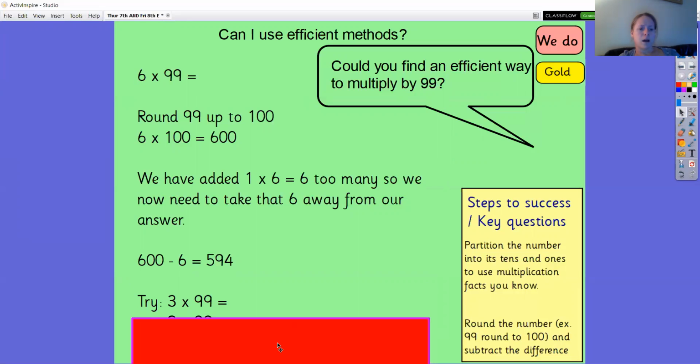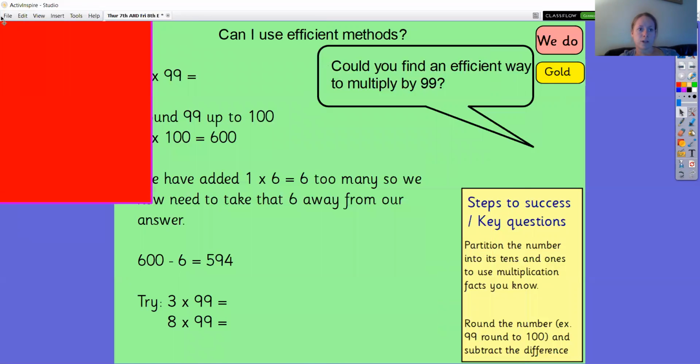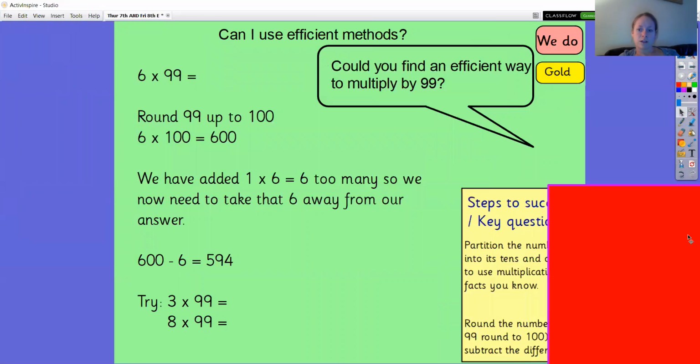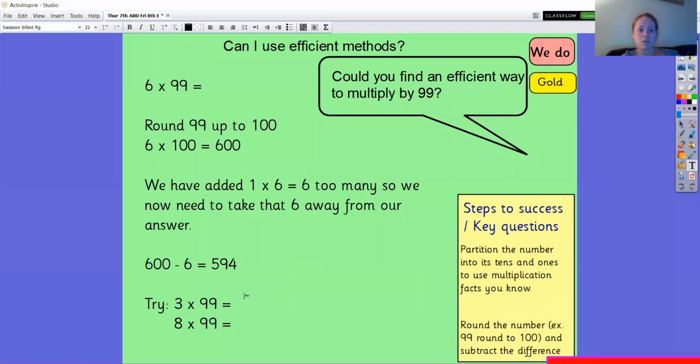But you can use a number square or a number line or whatever you'd like to help you to count those back. So what I'd like you to do now is to just pause it again, and have a go at doing 3 times 99 and 8 times 99. So if we look at the 3 times 99 together to start you off, you're going to try instead to do 3 times 100, which you'll know what that answer is because you're super good at that.